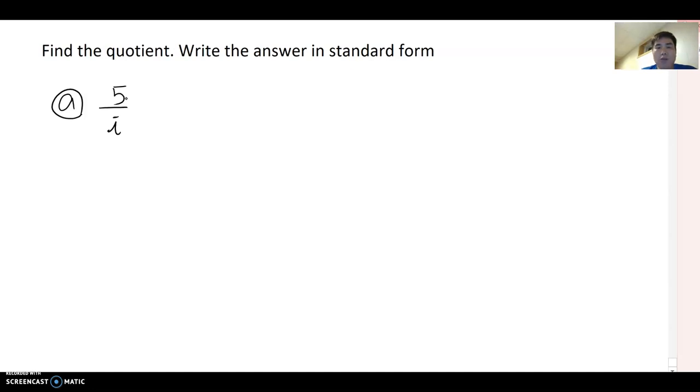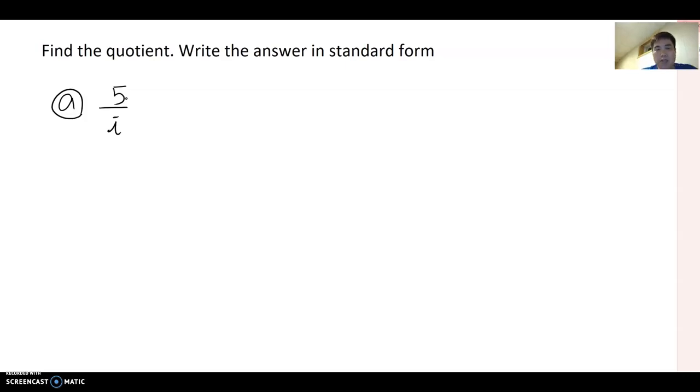When you have this kind of fractional or division form, the one fact is that we don't write a radical, imaginary number, or complex number on the denominator.